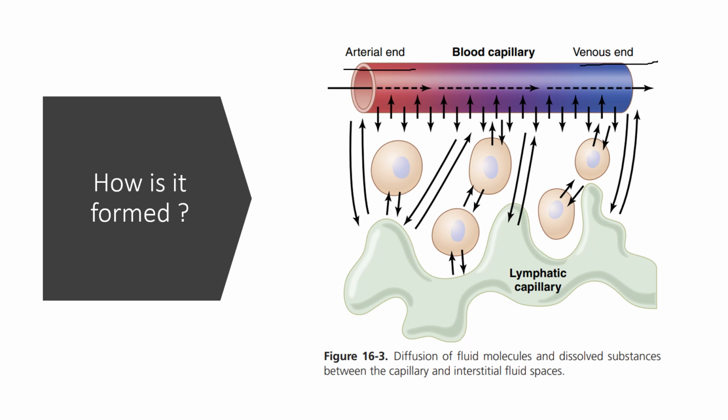As the blood moves from the arteries to the veins, the pressure inside the vessels decreases. Which pressure exactly? It is the capillary hydrostatic pressure. This capillary hydrostatic pressure is caused by the fluid component of the blood, that is the plasma. And the colloid osmotic pressure is caused by the proteins present in the blood.